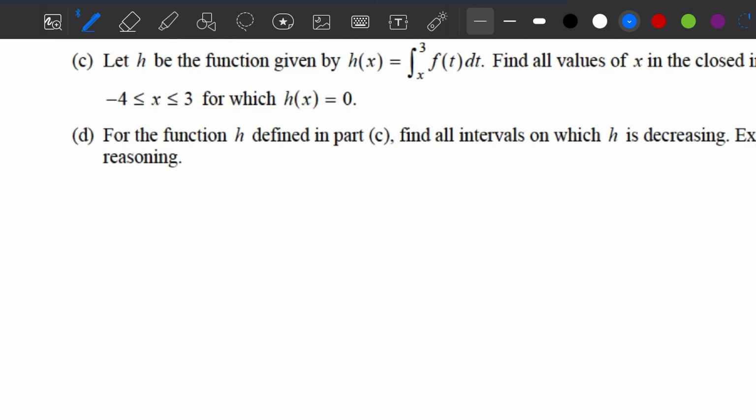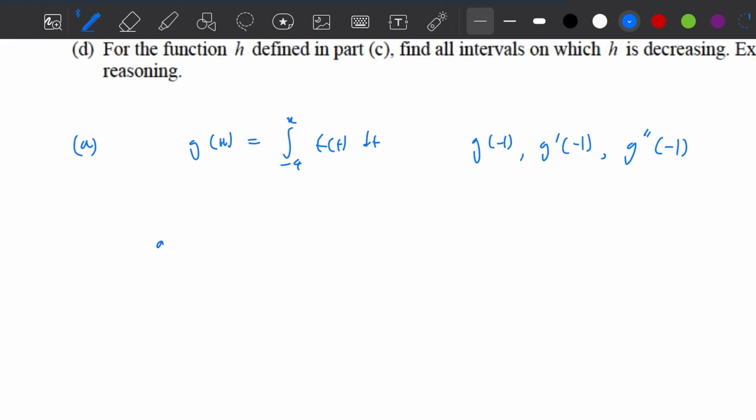So if we were to write that down, g of x equals the integral from -4 to x of f of t dt, and we need to find g(-1), g'(-1), and g''(-1).